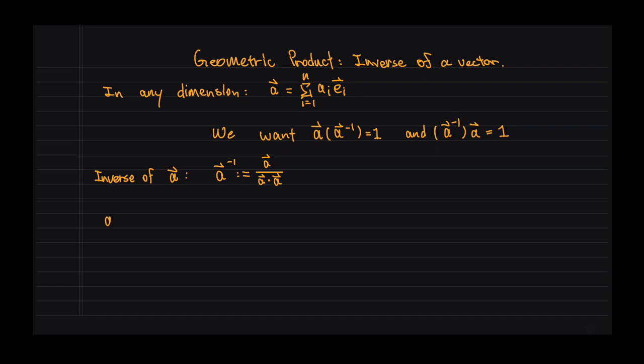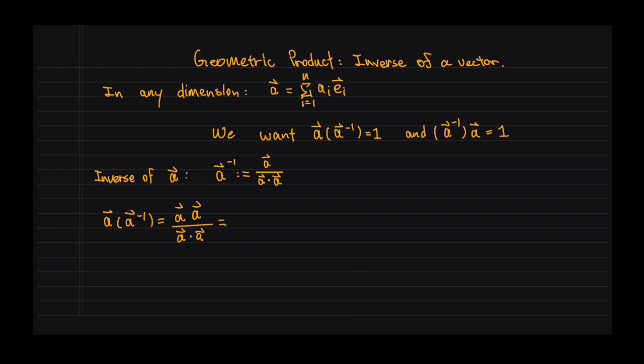So let's try. We have vector a, geometric product with inverse a, equal to a divided by a dot a.